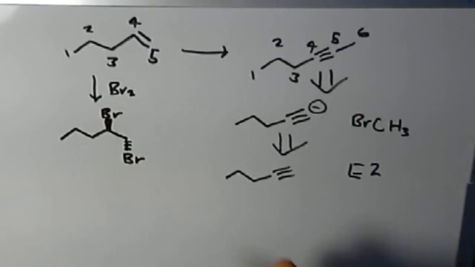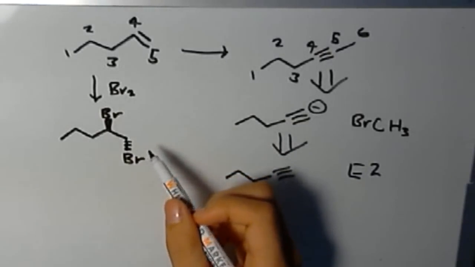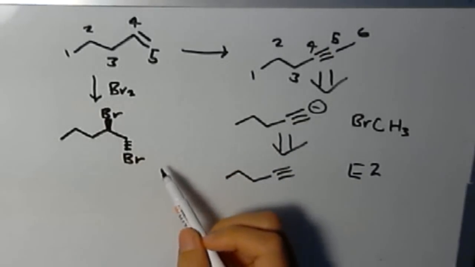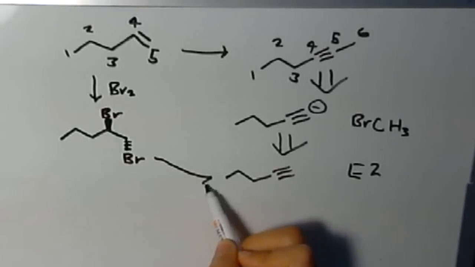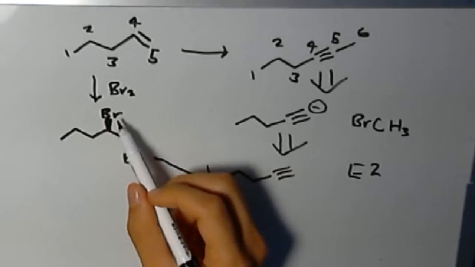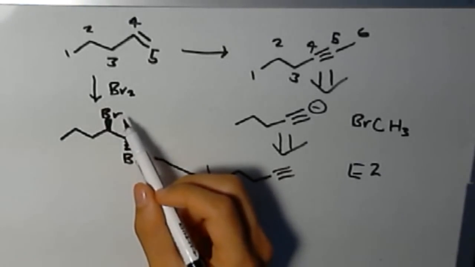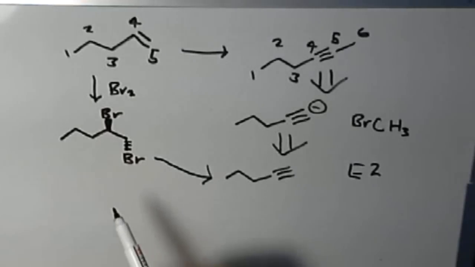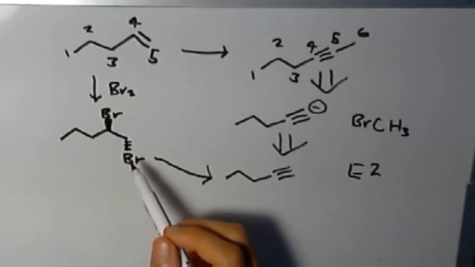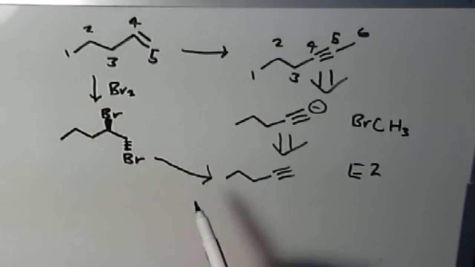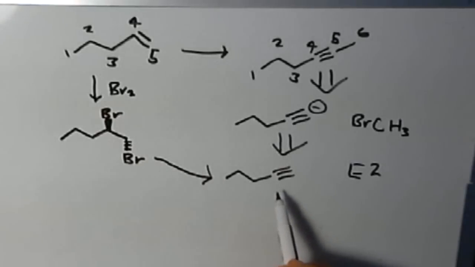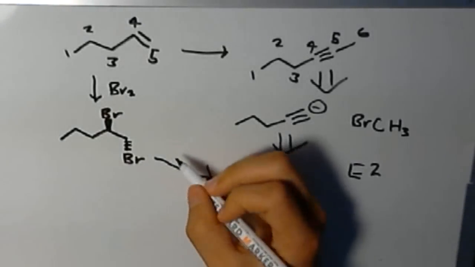Okay. Now that I have 2 leaving groups, we're going to do E2 twice in one step. So one of these BRs is going to get eliminated, and that's going to give us an alkene with another BR, and another elimination step is going to take us to the alkyne.